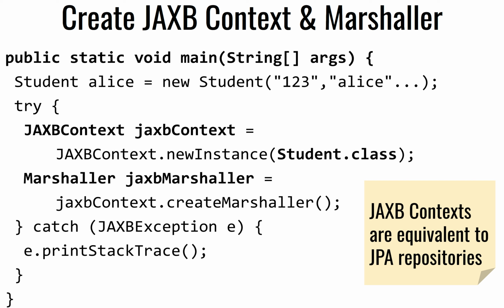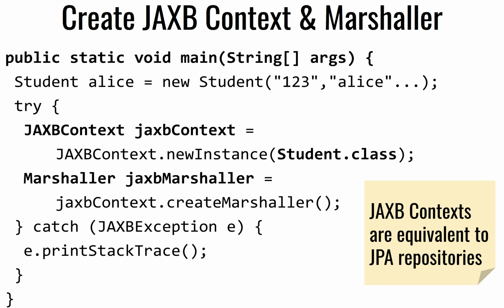So we use generics to configure that the CRUD repository was for this specific class. We used the class name, and we also provided the primary key. Here, the equivalent is that when we instantiate a JAXB context, we are providing the class of what we want to read or write into an XML document. Once we have that, we have operations.